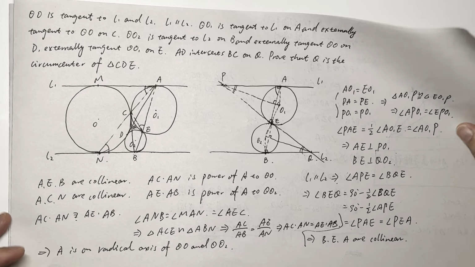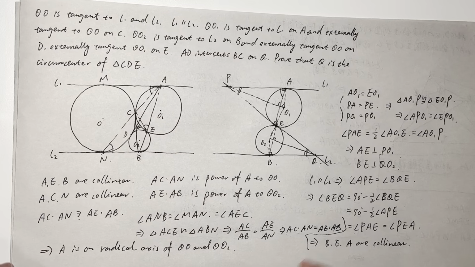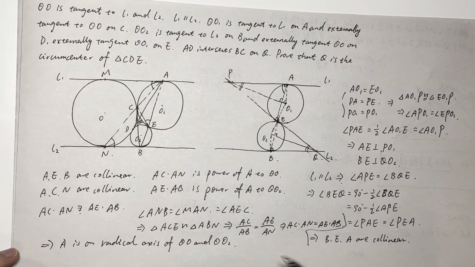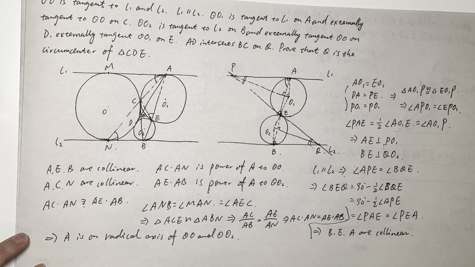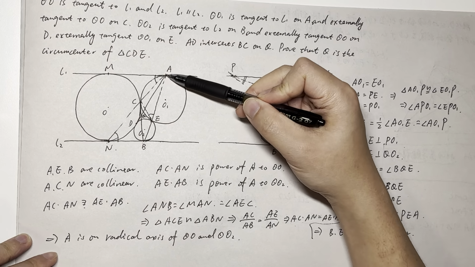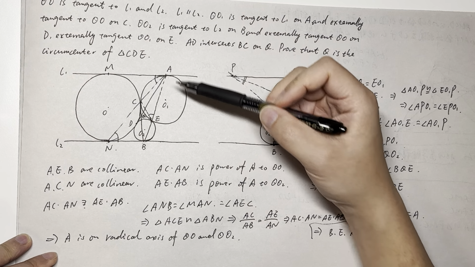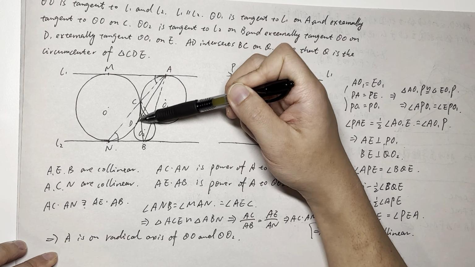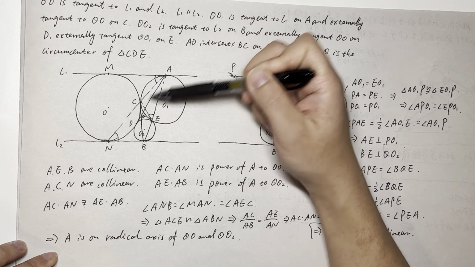I just cut those steps of the proof; I don't have to do it again, because the steps are very similar. So A is on the radical axis of circle O and circle O2, and B is on the radical axis of circle O and circle O1, which means Q is the point of the common tangent of circle O and circle O2, and the common tangent of circle O and circle O1.